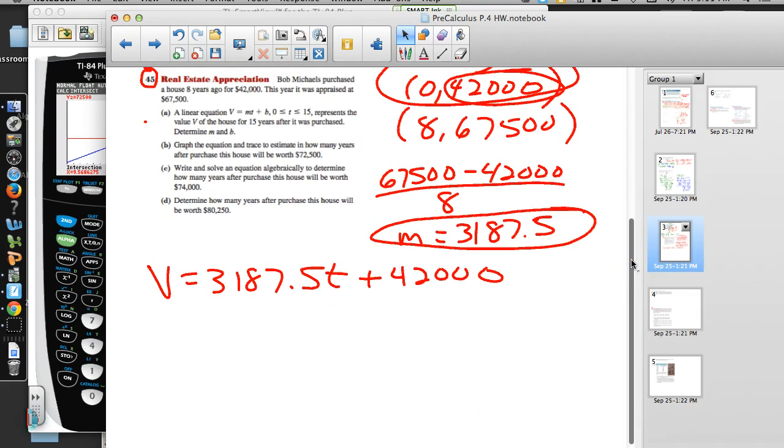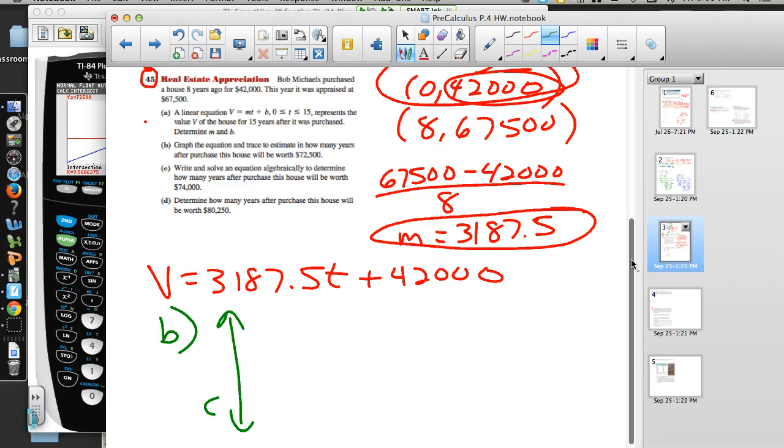So for B, we put a sketch of what we saw when we graphed it. And actually it's not X and Y this time, it's T and V. And then in how many years after the purchase?